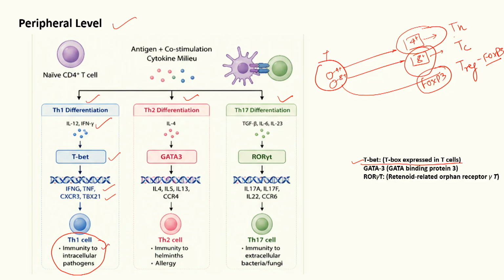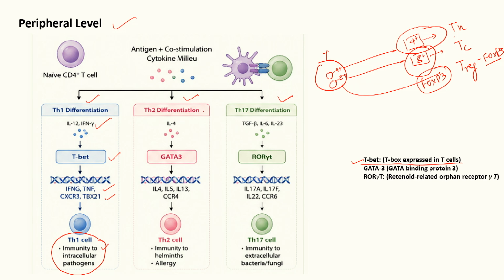So most of the viruses are actually intracellular in nature, while a few bacteria such as Mycobacterium tuberculosis and Listeria monocytogenes are also intracellular. So Th1 does play a very important role in clearing those pathogens. So remember, T-bet is a very important transcription factor for Th1 differentiation.